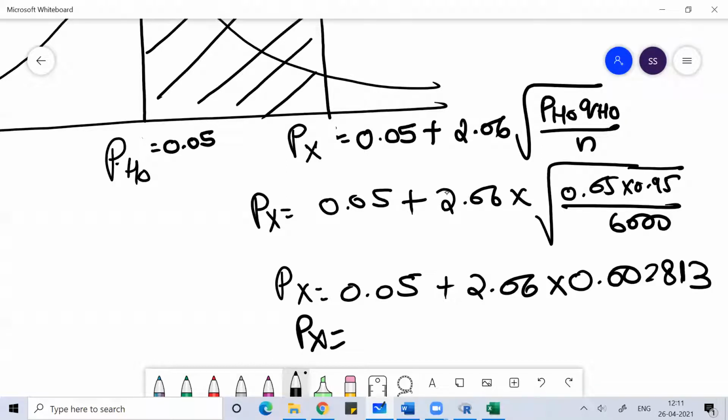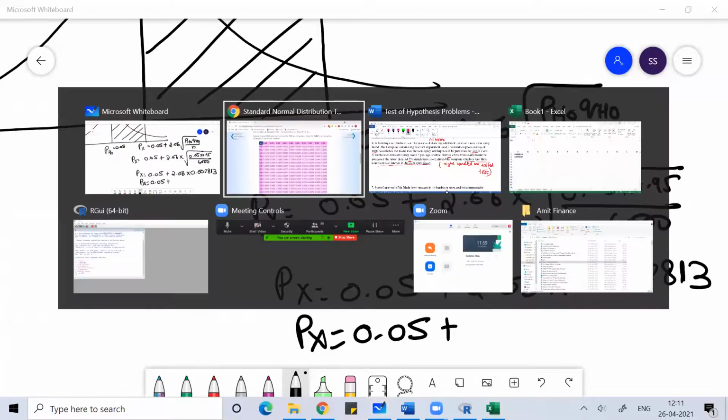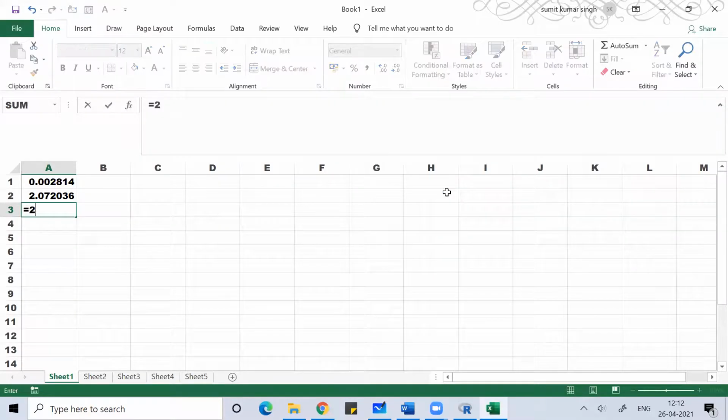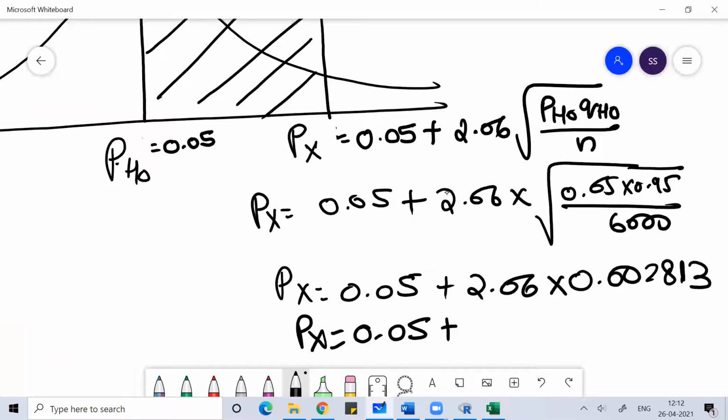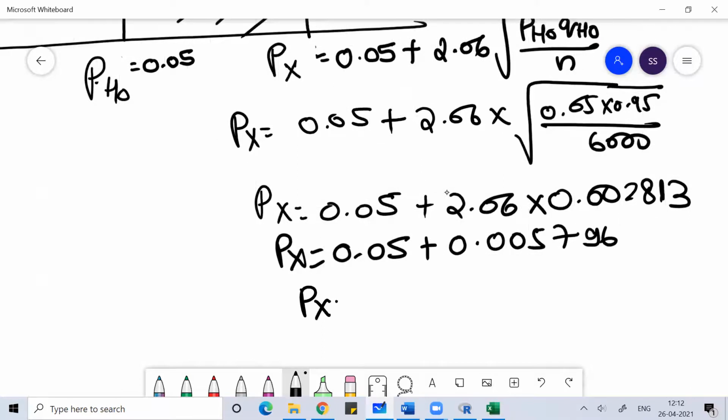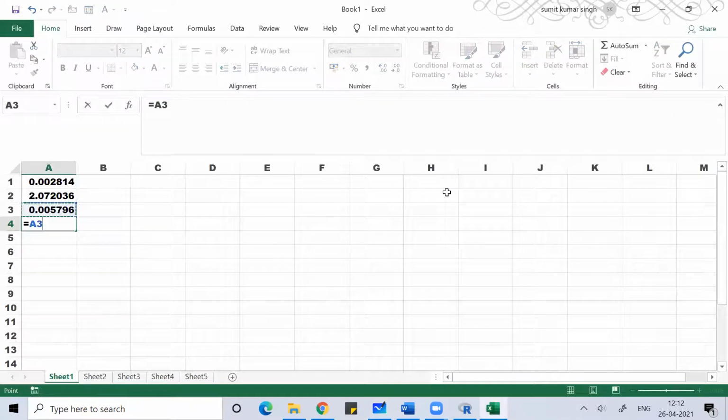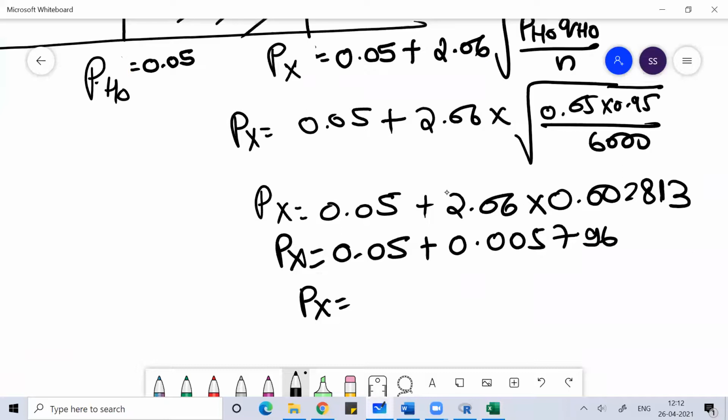So you can find the px value is equal to 0.05 plus 2.06 into 0.002813, which gives 0.055796.